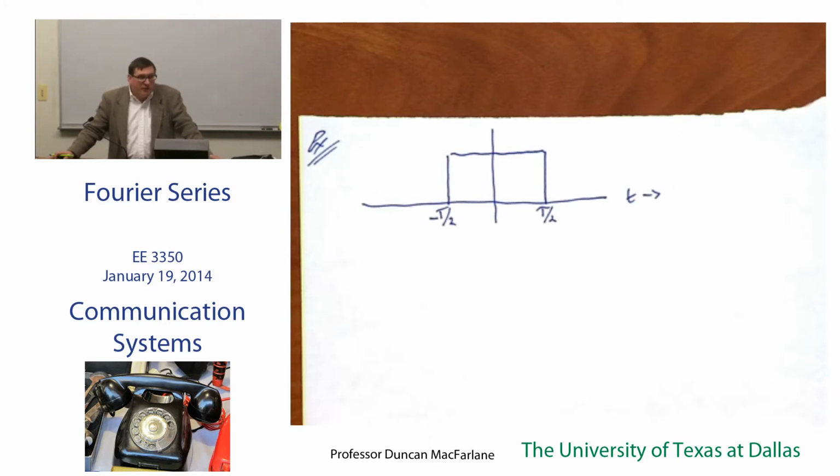I looked at this pulse before, and we got the Fourier series for it. Now I'm going to look at the same pulse, and I'm going to get the Fourier transform of this.